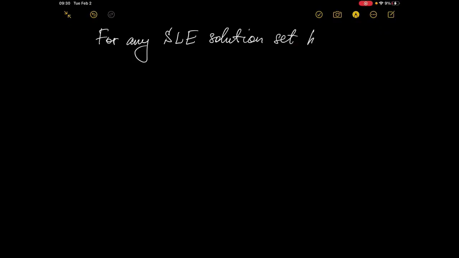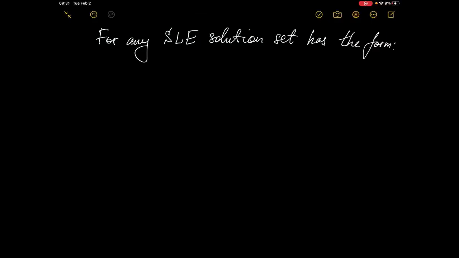In the last lecture, I formulated a theorem which said the following: for any system of linear equations, the solution set has the form.